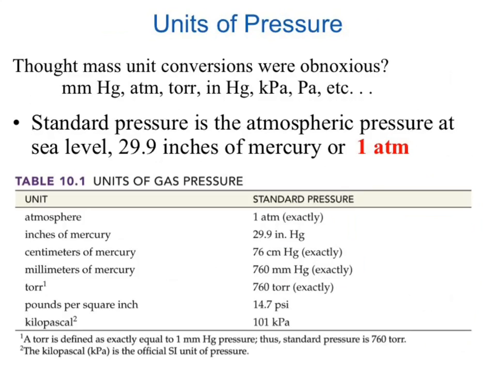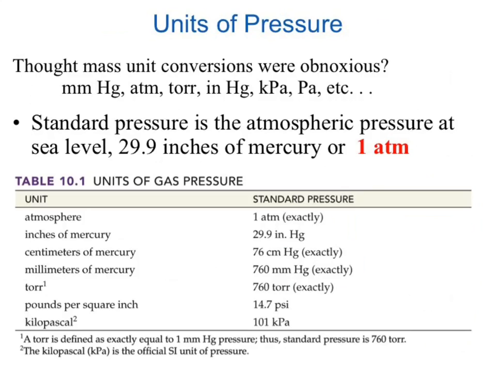What if I want to convert to PSIs from atmospheres? 1 atmosphere is 14.7 psi. What if I want to convert between millimeters mercury and kilopascals? 760 millimeters mercury is 101 kilopascals.